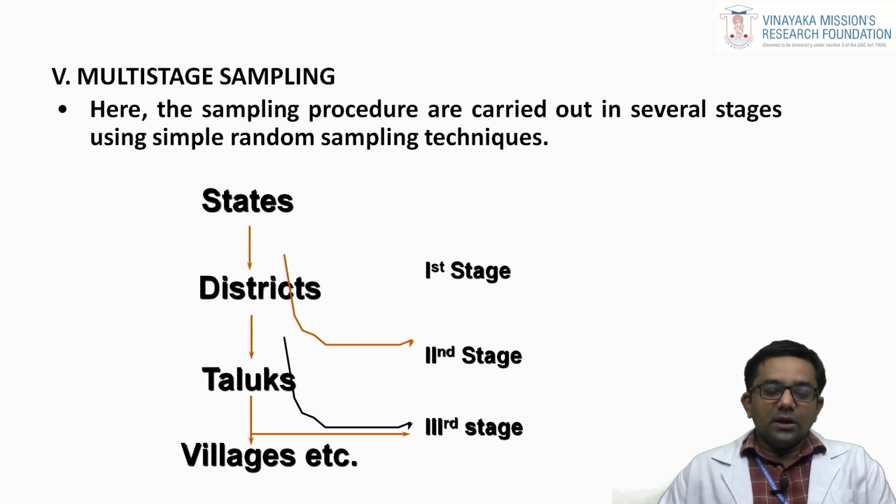That becomes three stages of sampling. At different stages you select the population, which is why it is known as a multi-stage sampling technique.